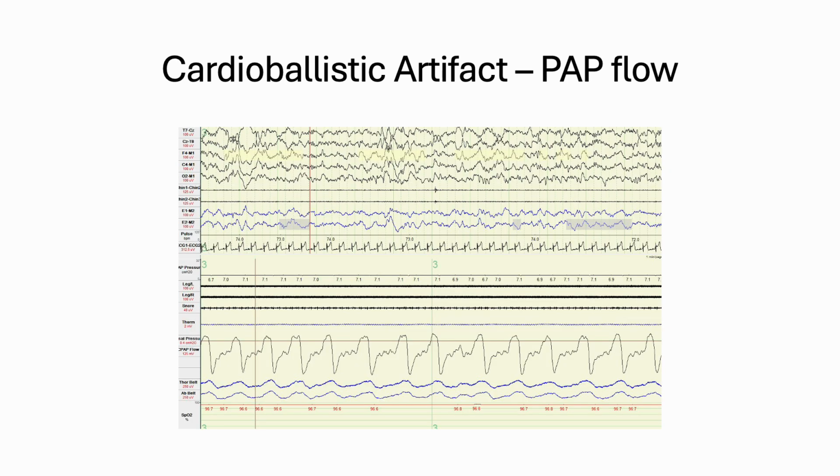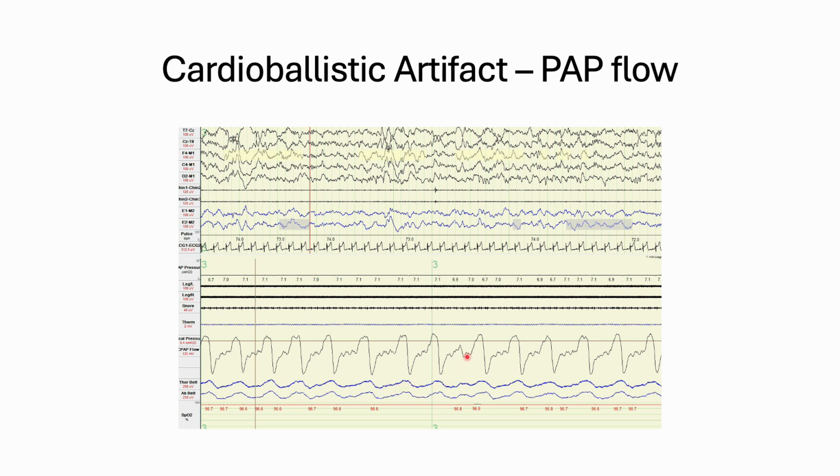This is also cardioballistic artifact. In the CPAP flow, you've got these little bumps, and it kind of looks like they're trying to start a breath, but they're not. This is just their heartbeat coming through, and you can almost see some little bumps in the effort, but that could just be the belts aren't tight enough, so they're not getting a very good signal.